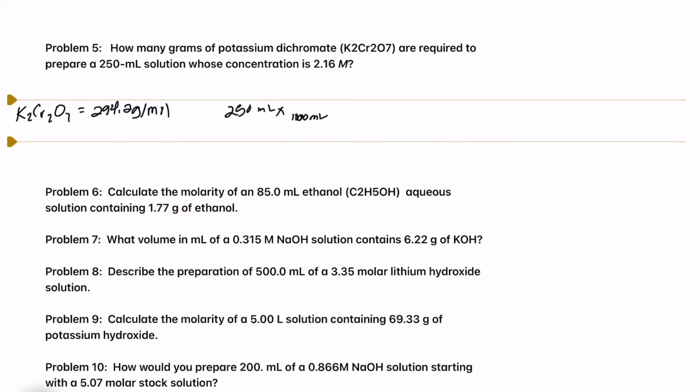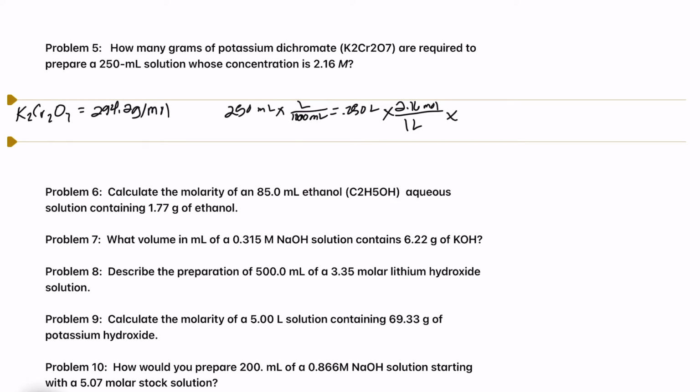So milliliters are not going to be very conducive since I need moles per liter, so I'm going to convert that into liters. Move the decimal over 3 times or divide by 1,000. 250 milliliters is 0.250 liters. And so I'll start with getting rid of my liters and getting into moles.